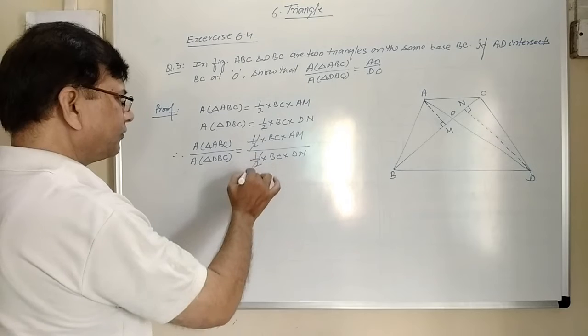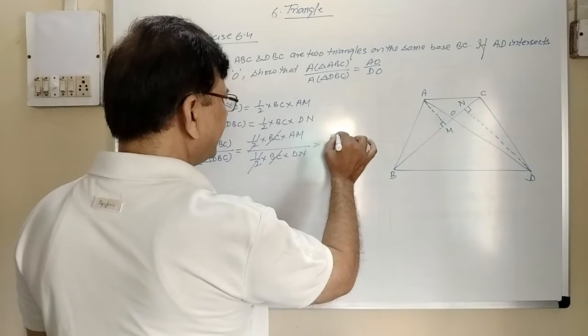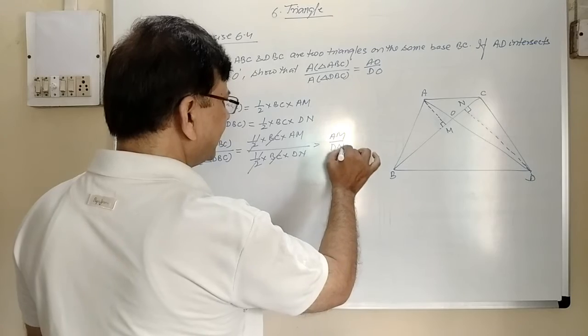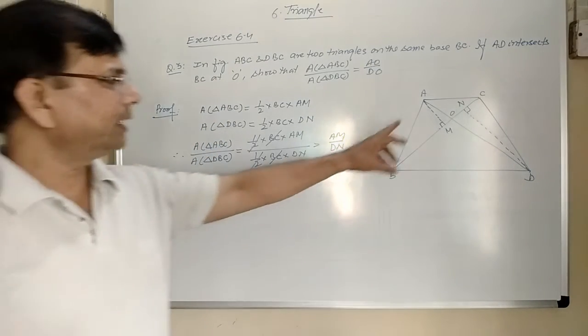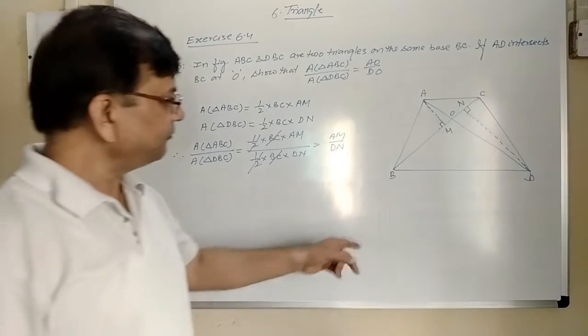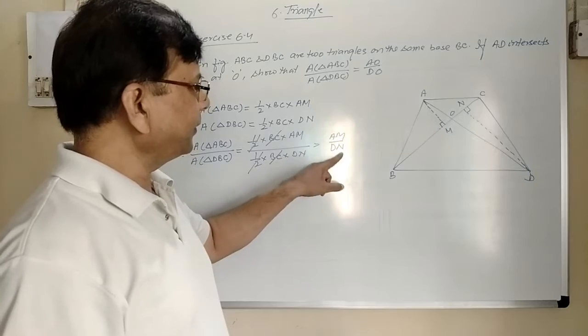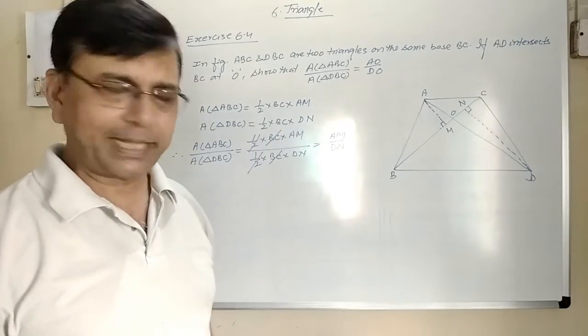Here half will go and BC will go. We will get AM upon DN. Means the ratio of these two triangles is equal to AM upon DN. Now, if we could prove AM upon DN is equal to AO upon DO, then the proof will be there.